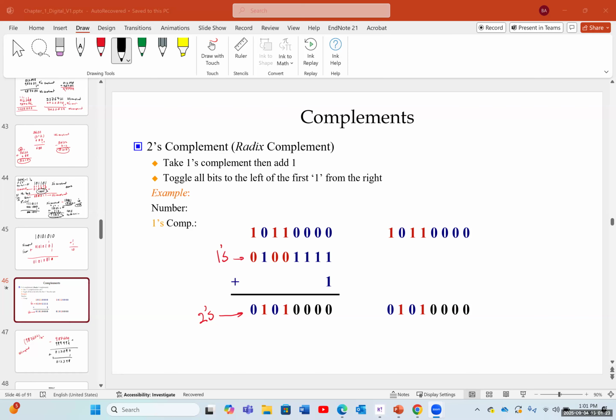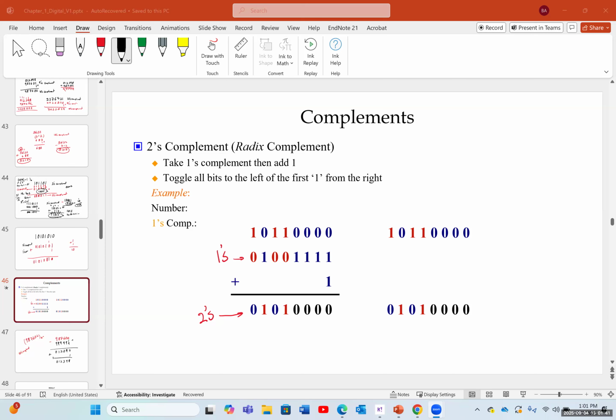In the previous class, we spoke about complements and we solved some practice problems on the diminished radix complement and the radix complement. Today we will continue with the complements.